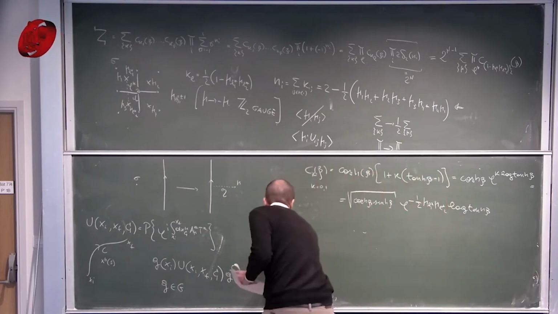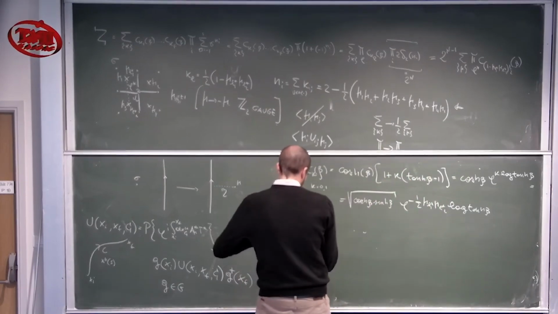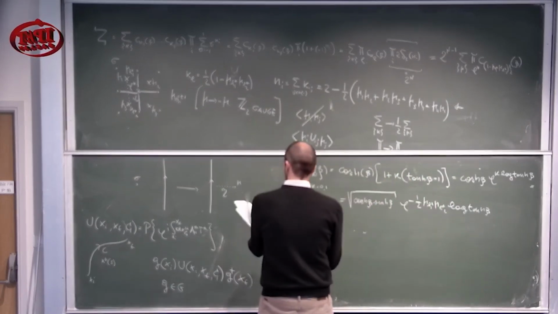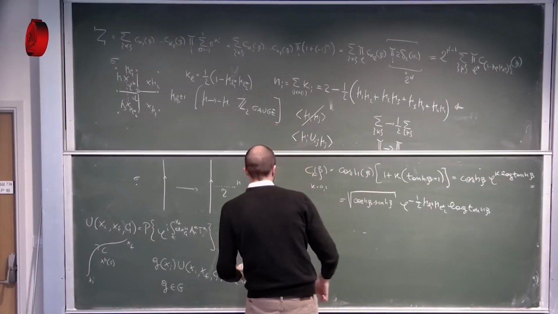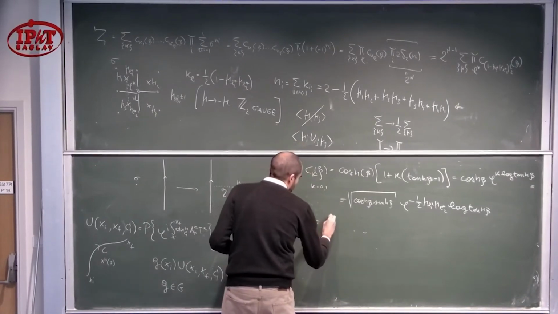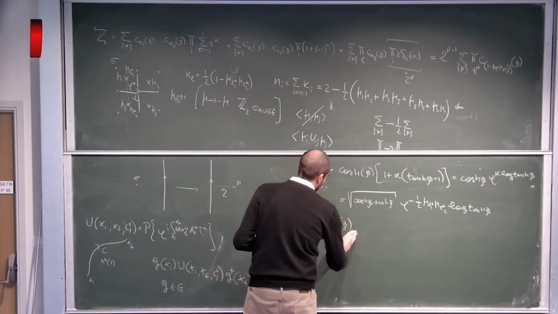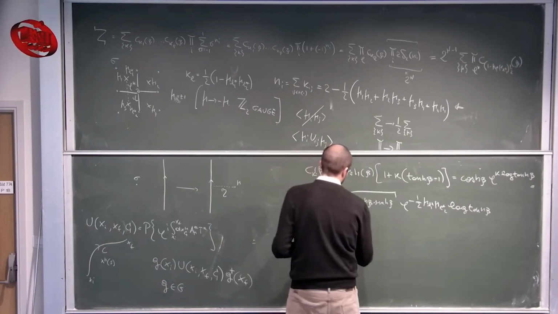Now all we have to do is to plug this expression back into the partition function. And this is going to give us some overall factor that depends on n and beta, but not on the spins, which for now I'm not going to write down.